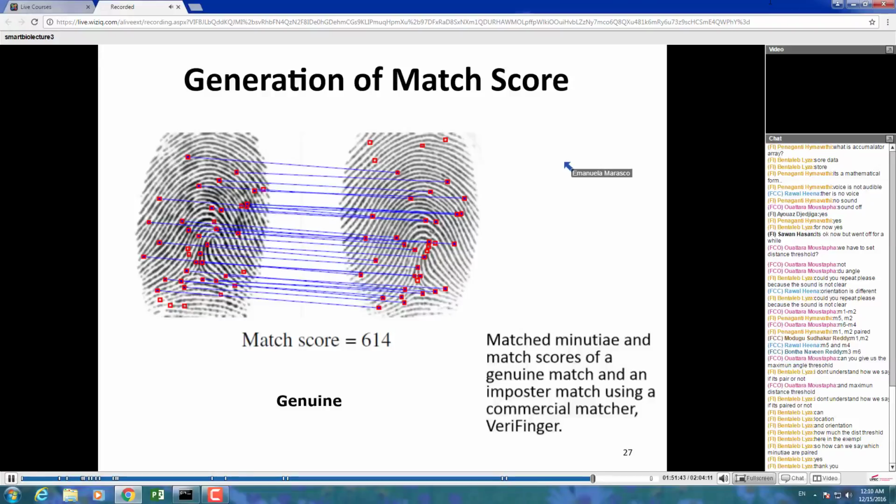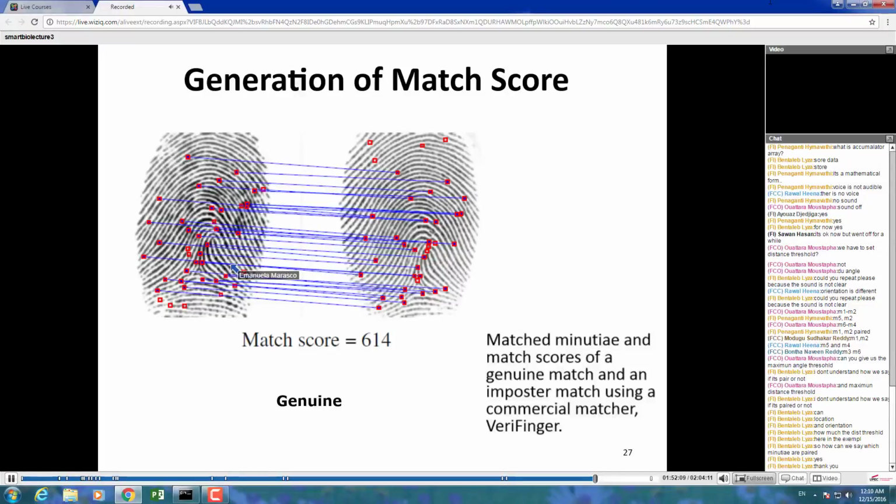So of course, if it's high, as in the case of the genuine that we are seeing now, then we will have a high match score. Here only 3 minutiae pair on the top of the query. This is the case of genuine.